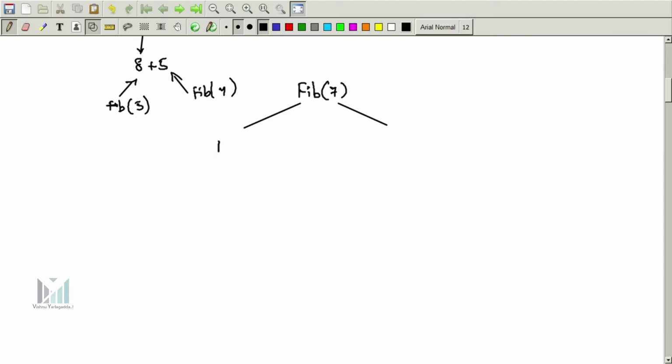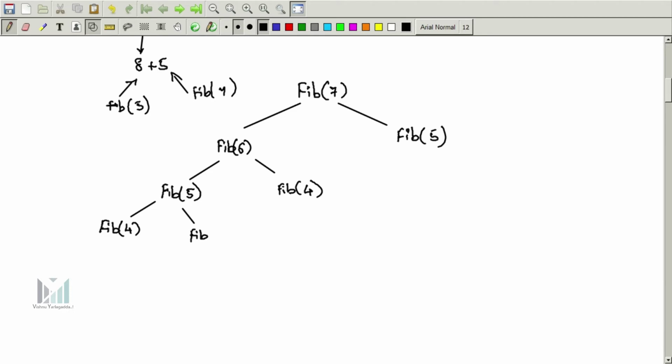Which is equivalent to fib of 6 plus fib of 5, which is equivalent to fib of 5, fib of 4. This one, fib of 4, fib of 3.